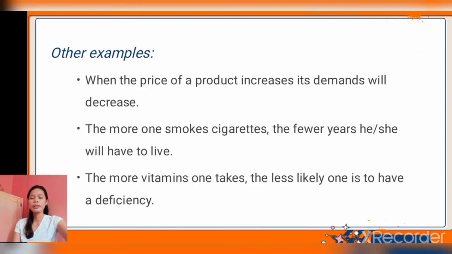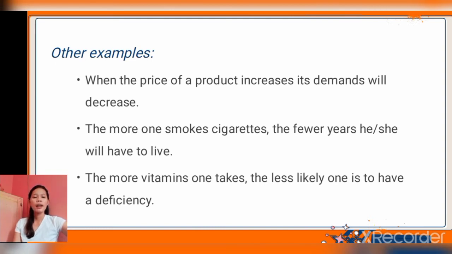Other examples: when the price of a product increases, its demand will decrease. So we have here the keywords increases and decrease. Then, the more one smokes cigarettes, the fewer years he or she will have to live. And last, the more vitamins one takes, the less likely one is to have a deficiency.